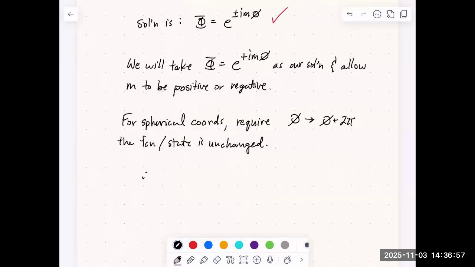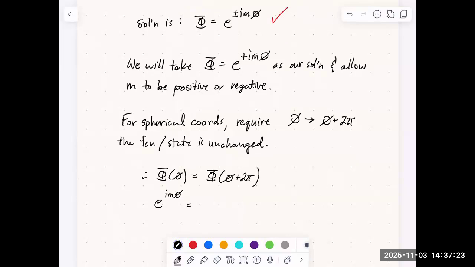So our capital Phi function of little phi has to be equal to its value at little phi plus 2 pi. But we just said that our function was going to be e to the im times phi.